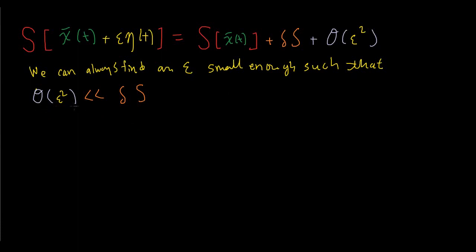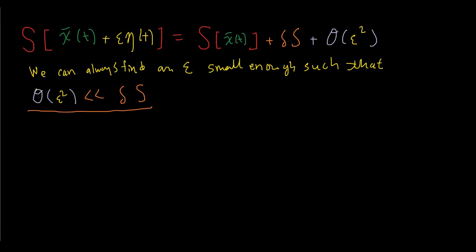So we can just always find an epsilon really small such that this is true. And this is really why this allows us to minimize our path.